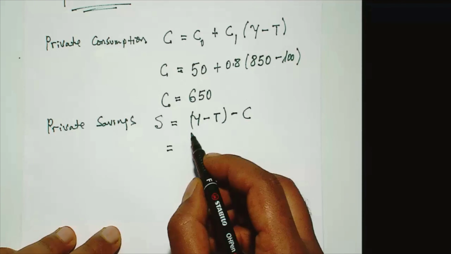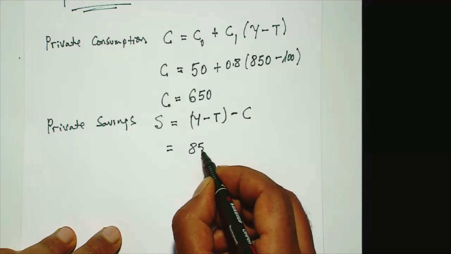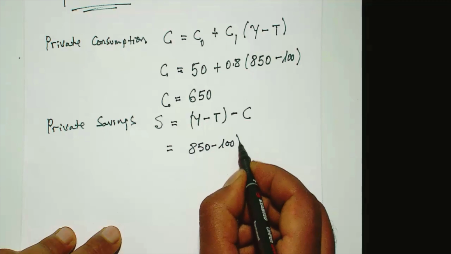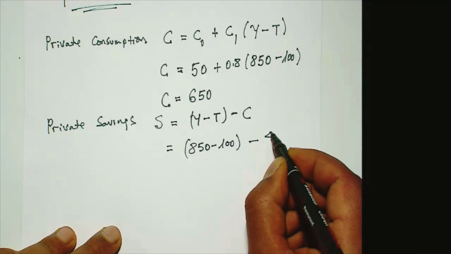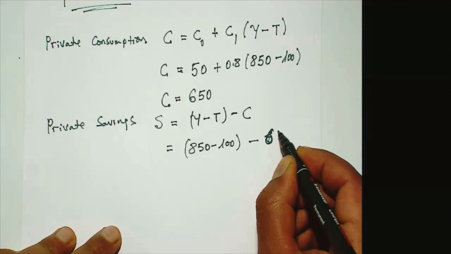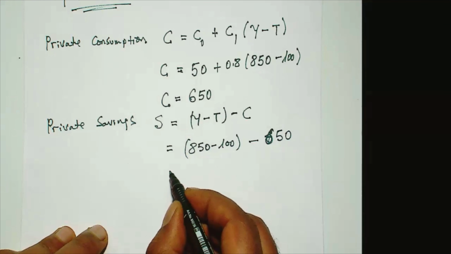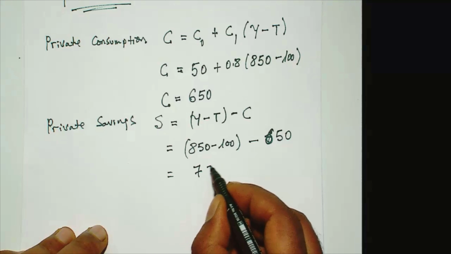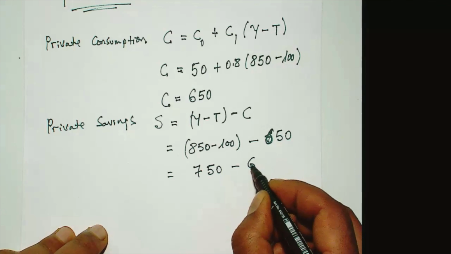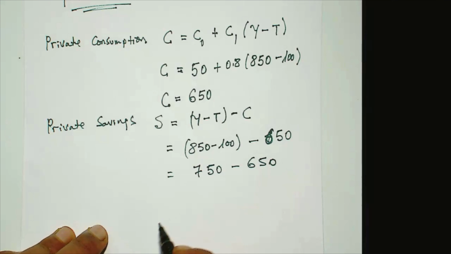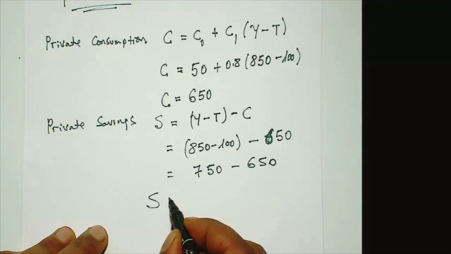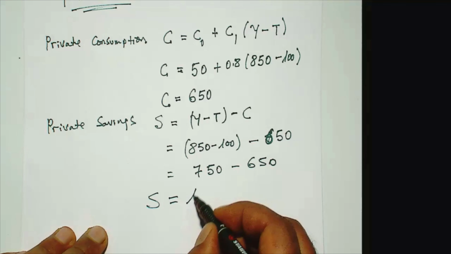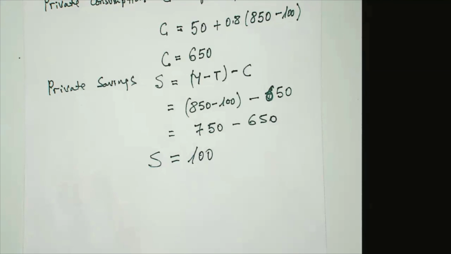So in our case, our disposable income is 850 minus 100, minus our consumption 650. So this is 750 minus 650, which would give us a value for our saving of 100.